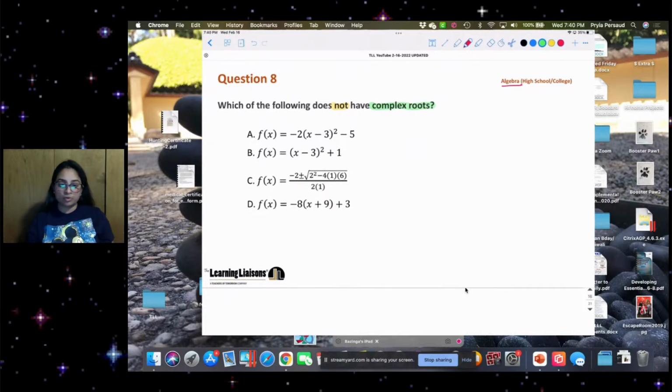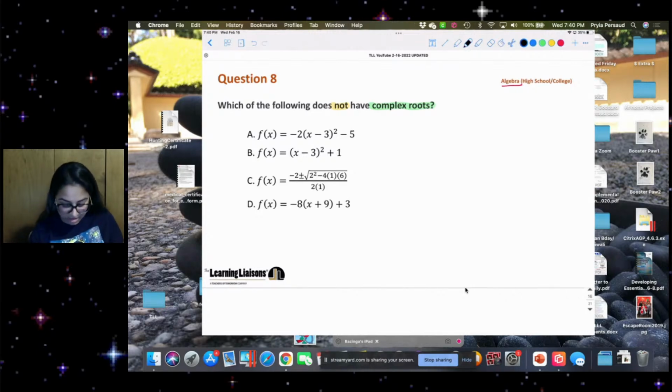Well, I don't really know what to do about this. I do know that I know some stuff about roots, right? And I know that if I take the discriminant, I will be able to find the amount of roots that I end up having, like 2 real roots, 1 real root, or no real roots, which so happens to be our complex roots. So where does the discriminant come from?